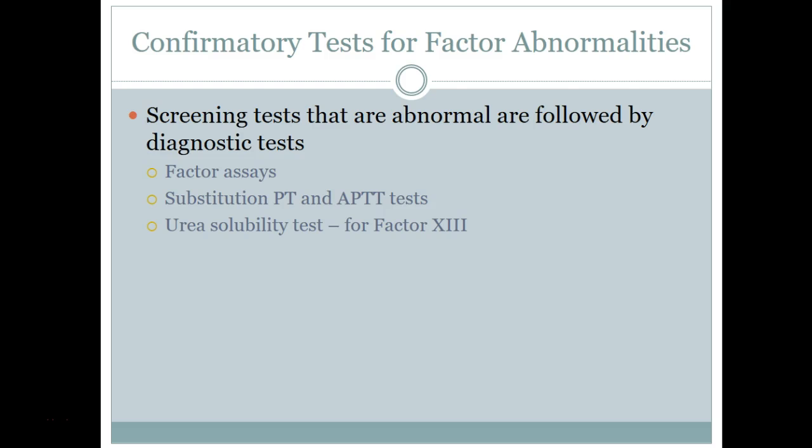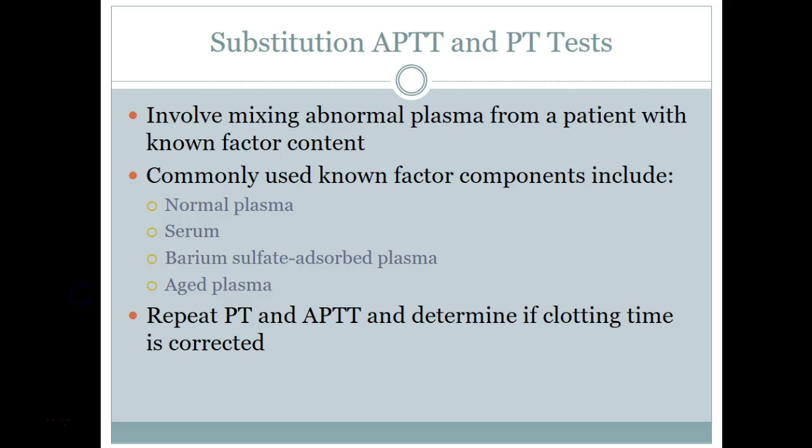Now, these aren't done as much, but there are definitely still labs out there that do these. It's something that we still discuss, but a lot of labs aren't performing these as much anymore. And then again, if you think it's something specifically with factor 13, we could do the urea solubility test to specifically screen for the level and function of factor 13.